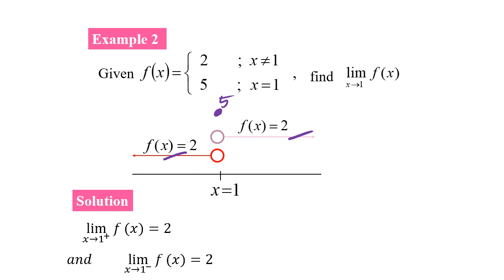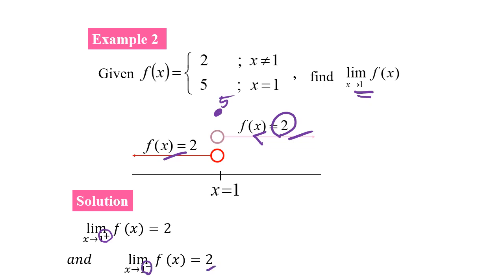Okay, so find the limit of f(x) when x approaches 1. Approaching 1 means that we want to find the limit when x approaches 1 from the right side and from the left side. So the limit of f(x) when x approaches 1 from the right side: what is the function we use? 2. And then from the left side, it is equal to 2.